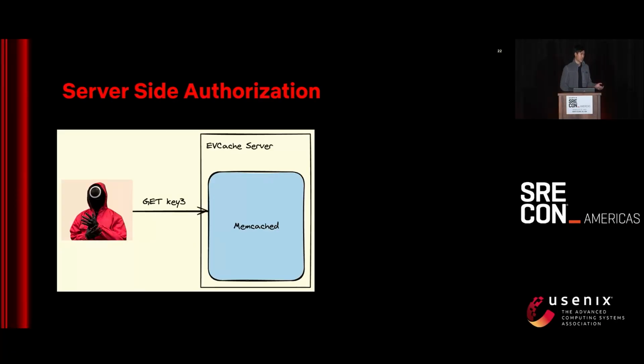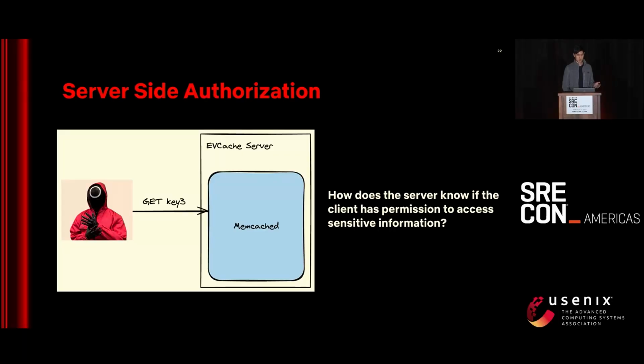So each cache will have a different read policy and a different write policy, which app can access this cache, which user can access this cache. It's all different for each cache. So when a client like this tries to send a request to Memcached on a certain EVCache server asking for information, how does the server know whether or not to allow this client to access this information?